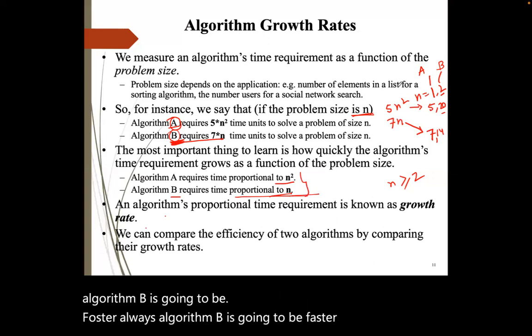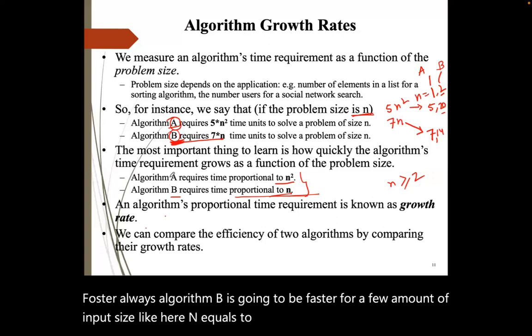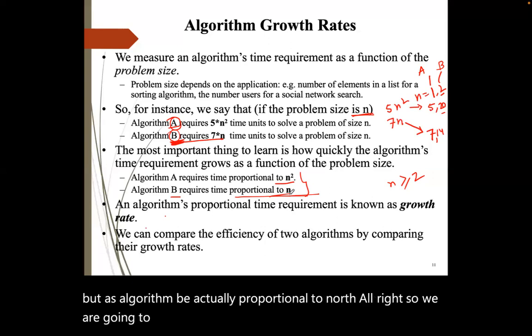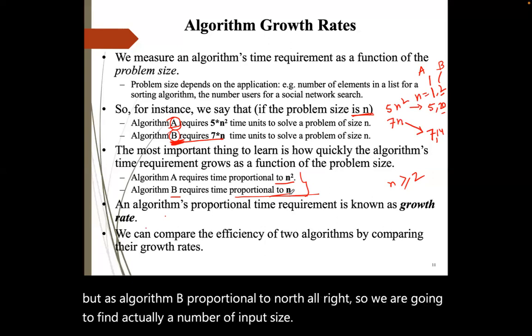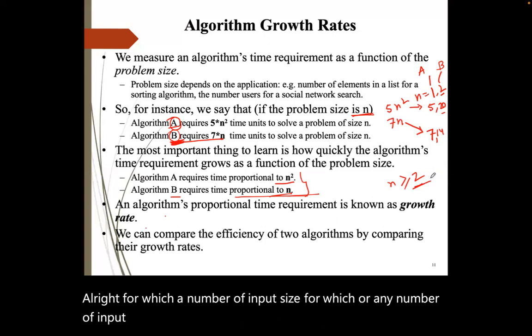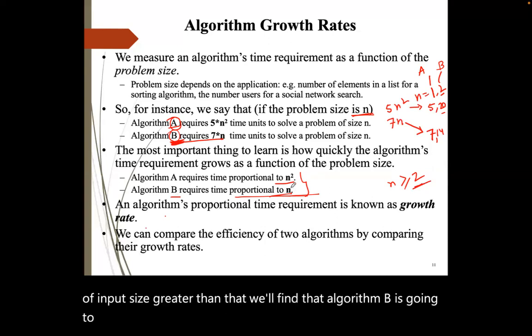For a small input size, like n equals 1, algorithm A may work better. But as algorithm B is proportional to n, we will find an input size, and for any input size greater than that, algorithm B will work faster.